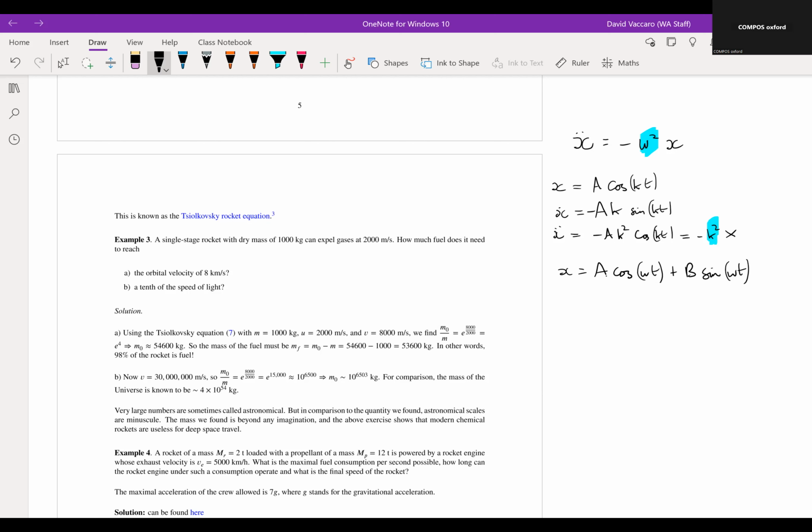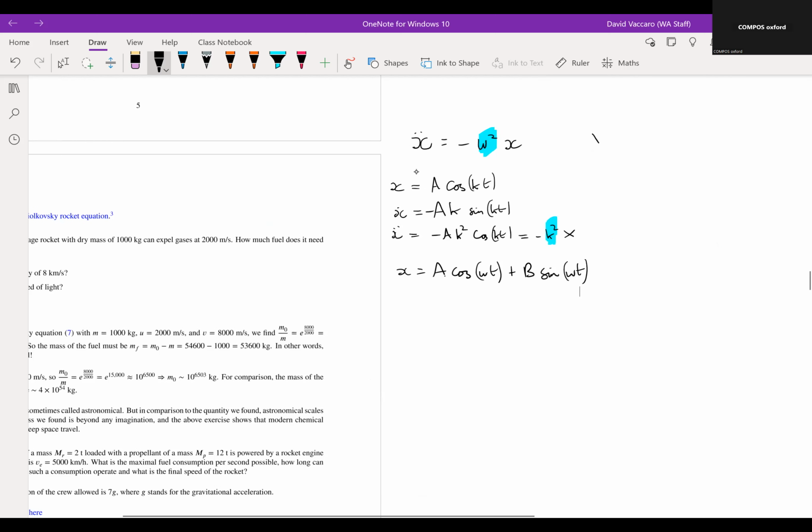Okay, and a linear differential equation like this is nice enough. Right, what I'm going to do now is, so I've got my oscillating system governed by this differential equation, and I'm going to add a force. So we've got a sort of mass on a spring, and it's performing some sort of motion.